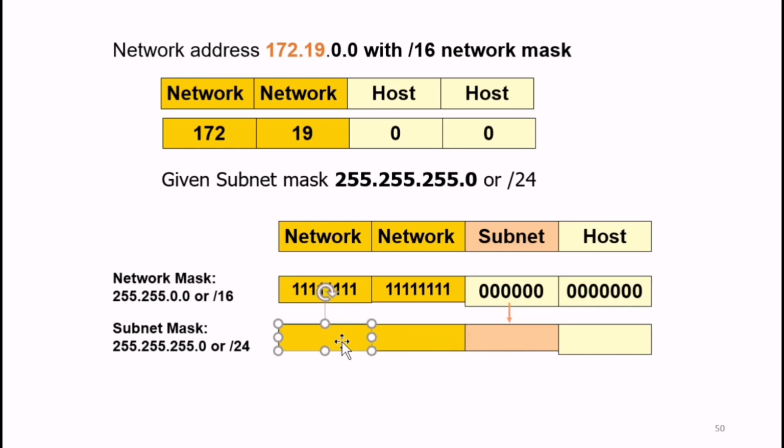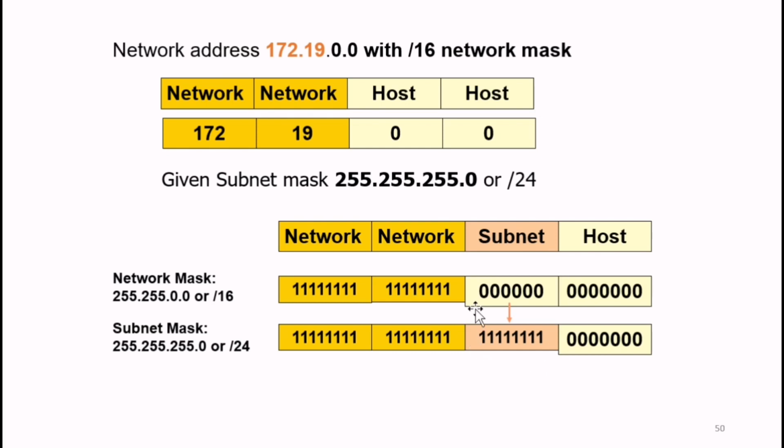You need to put all of these as 1, and the host should be 0. From this table, you know that the part where 0 and 1 differ will be the subnet, which is this octet here.